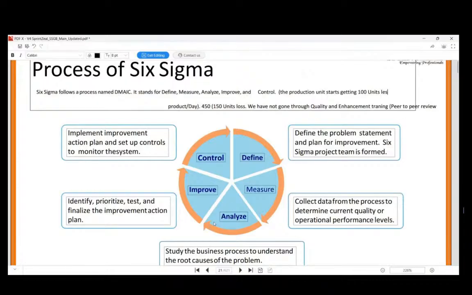We found these 10 new people have gone through the training on how to make the product. However, there is a problem that these 10 newly hired people are not producing the clothes as per their requirement. Let's say one person needs to produce 10 units, 10 clothes per day. There's 100 clothes loss. So it means one person needs to produce 10 clothes.